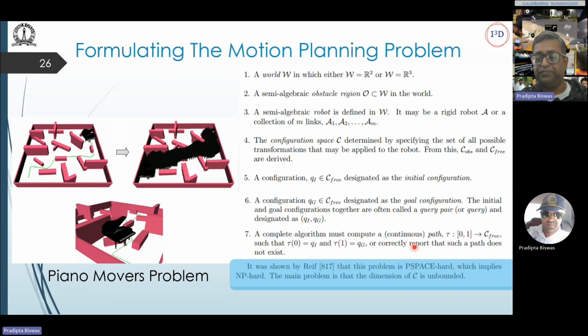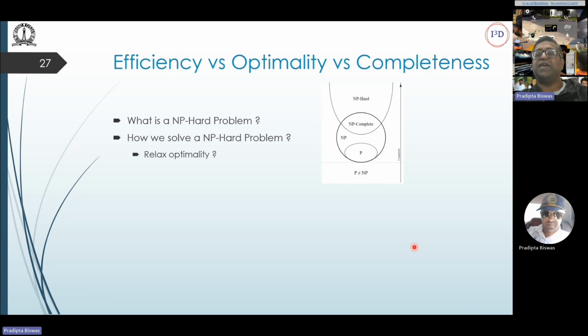So what is PSPACE hard? In this context, we will just briefly talk about this complexity analysis, and we do not need to go into detail. There is a set of problems which is solvable in polynomial time. As we discussed during the DFS BFS lecture, polynomial time means that the total time or space requirement of the problem is polynomially dependent on the input size, which constitutes our P class.